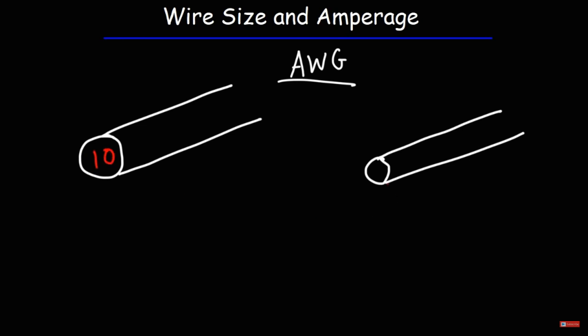The one on the right represents a wire gauge of 20. Now, what you need to understand is that the higher number corresponds to a smaller wire. A wire gauge of 10 has a diameter size of about 2.588 millimeters, whereas a wire with a gauge of 20 has a diameter of 0.812 millimeters.